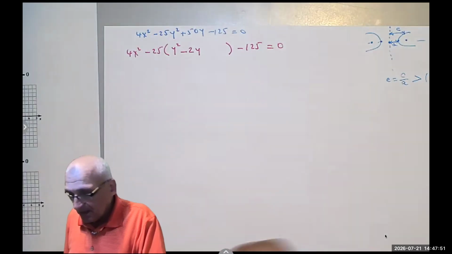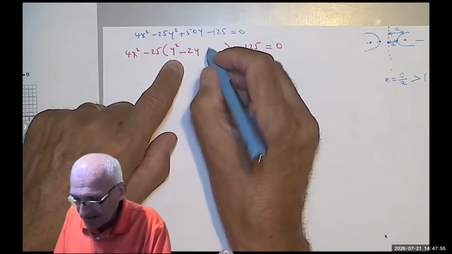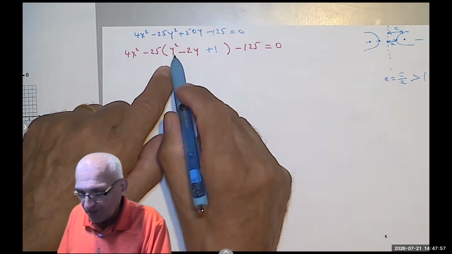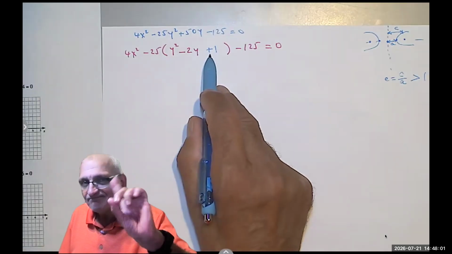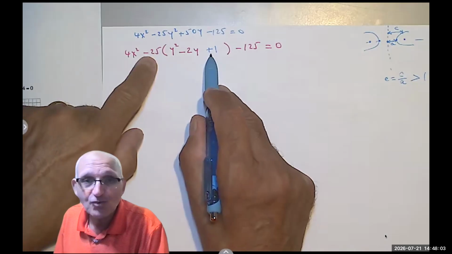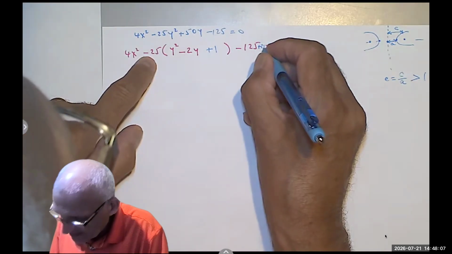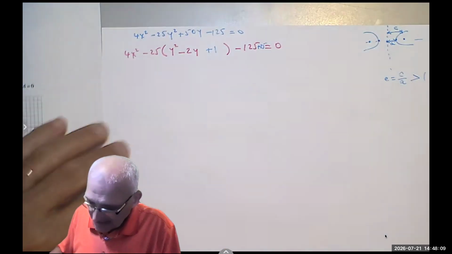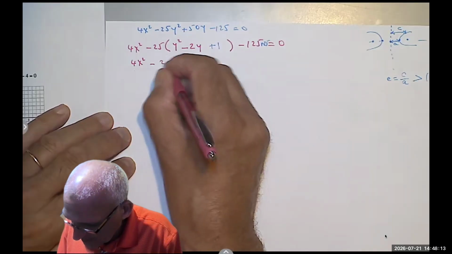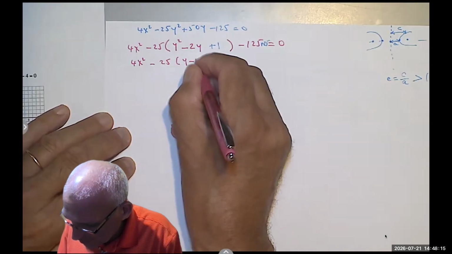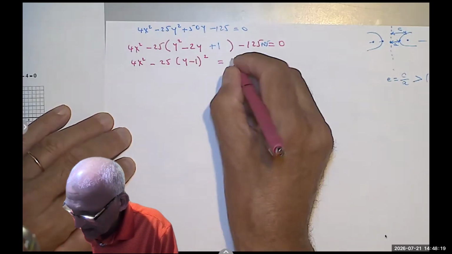I need to add something here to make it a perfect square. That thing is definitely a 1, because that would make it (y minus 1) quantity squared. Did I really add 1? I subtracted 25. So I have to add 25. So this becomes 4x squared minus 25(y minus 1) quantity squared minus 100 equals 100.